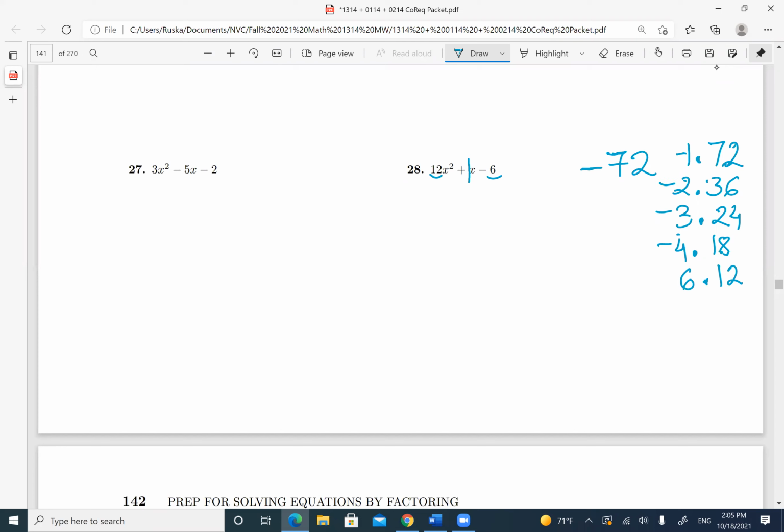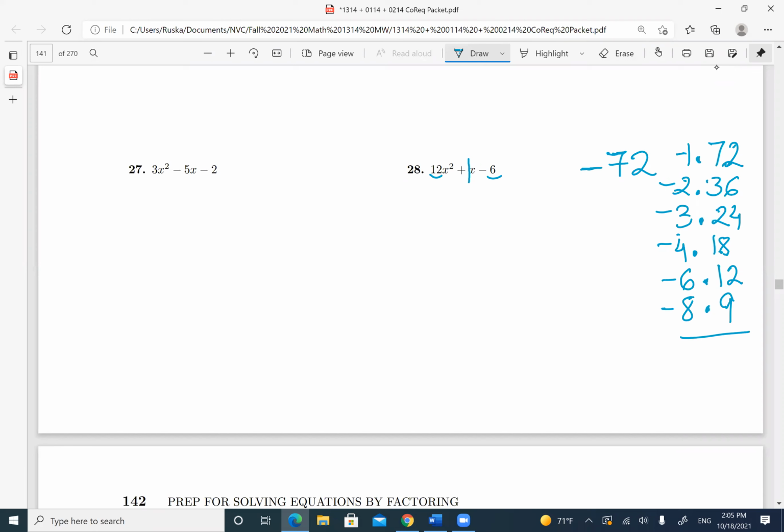And always the smaller number is negative. Then the next one is 7, no. 8 times 9, negative 8 and 9. And then the next one is 9 times 8, you already have it, so that's it.